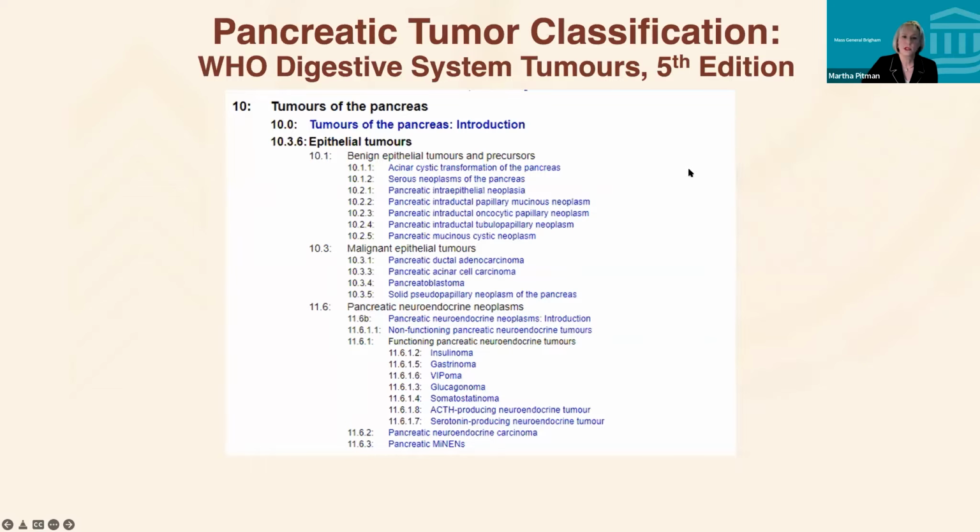And so the WHO system for reporting cytology is classifying tumors as the WHO Blue Book does classify tumors. And because of that, we now have solid pseudopapillary neoplasm as well as neuroendocrine neoplasms classified as malignant.